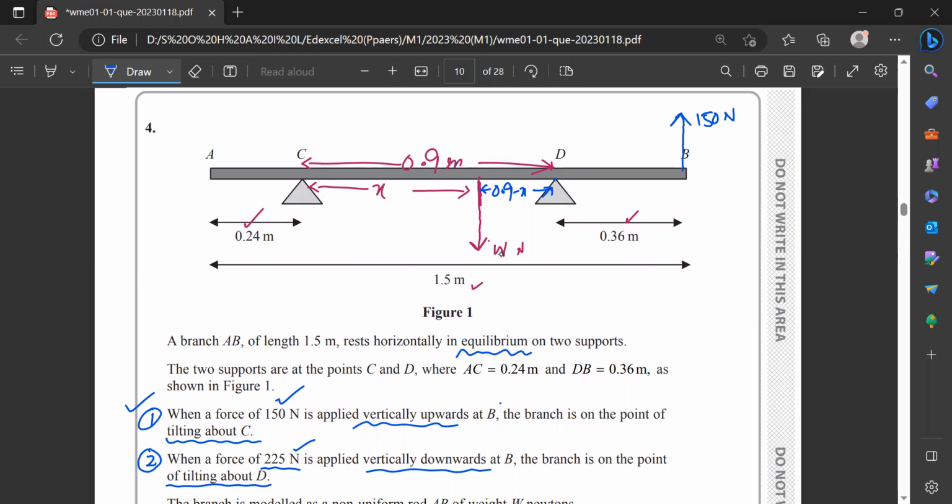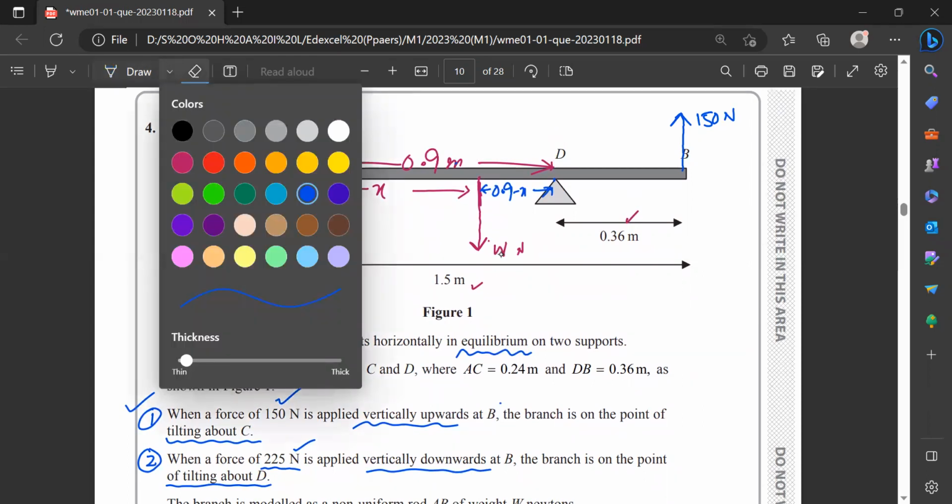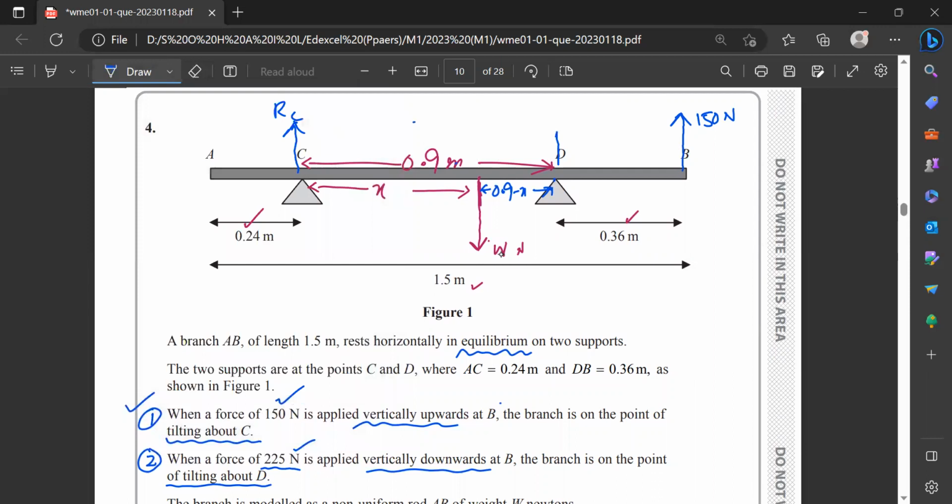The reaction is here, the reaction is here: this is the reaction at point C, this is the reaction at point D. For this case, we have to take the reaction at D equal to 0, because the rod is on the point of tilting about C, so D is about to leave the support.